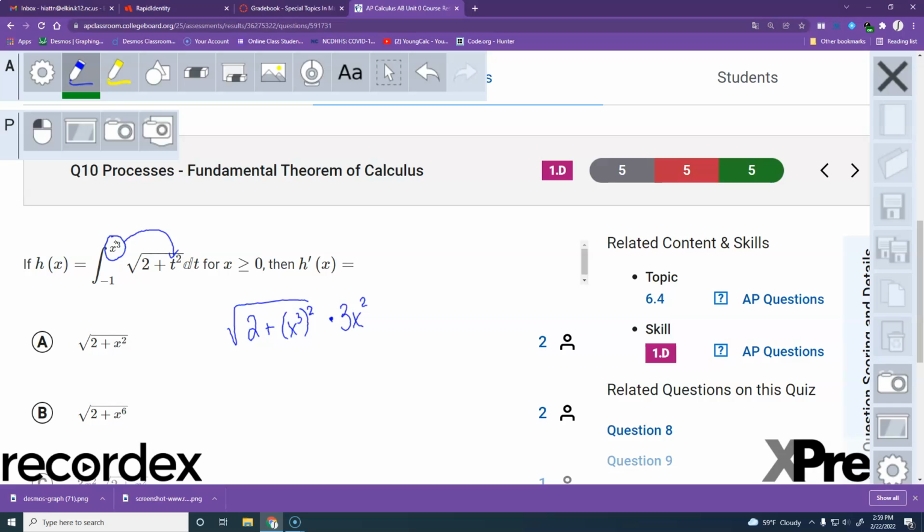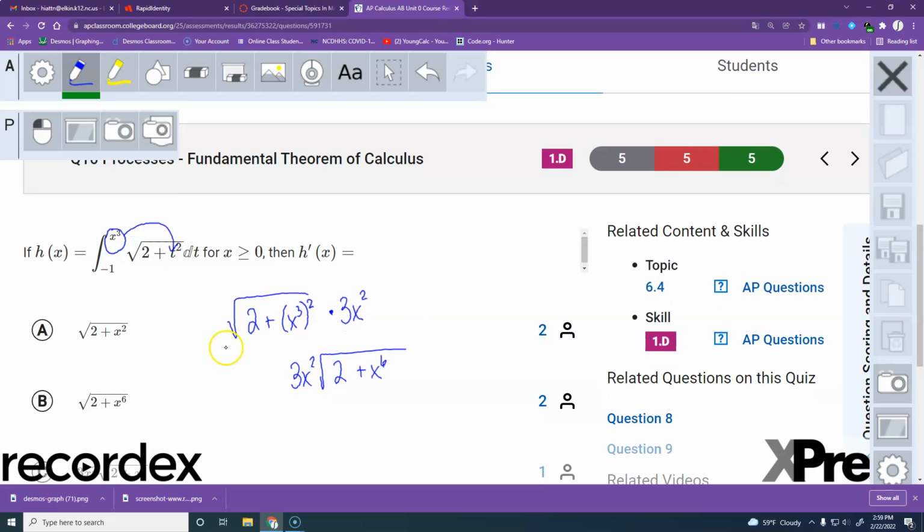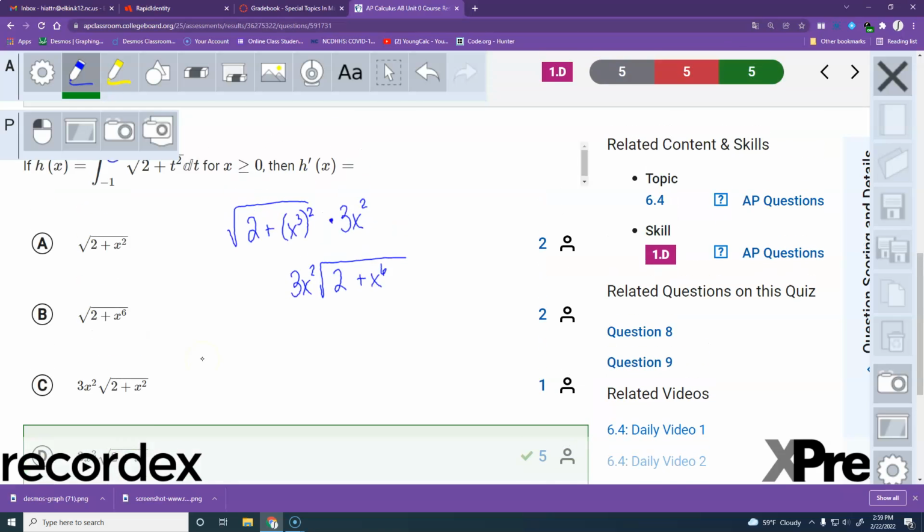So you have to do sort of a chain rule here. You plug in the x cubed for your t, and then you multiply by the derivative of the x cubed, which is 3x squared. So that's going to give you 3x squared times the square root of 2 plus x to the 6.